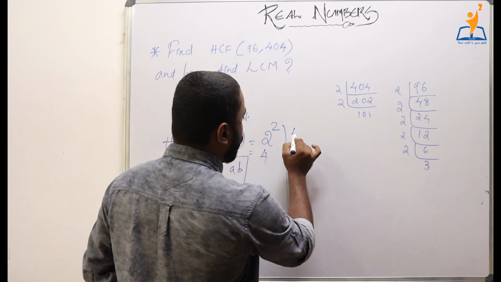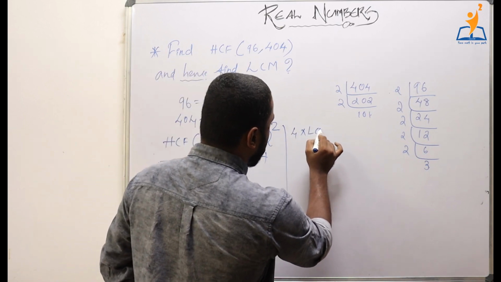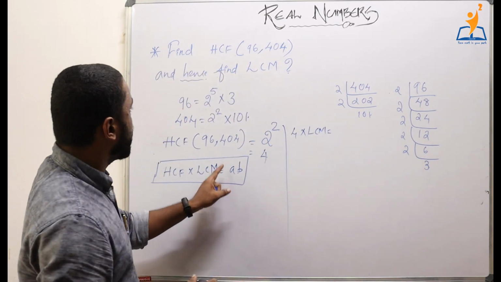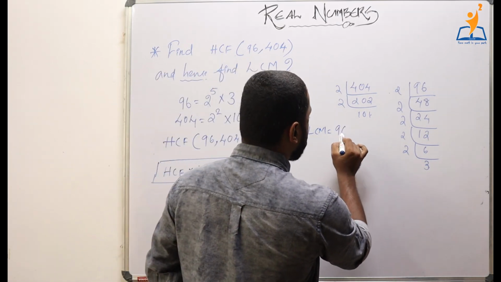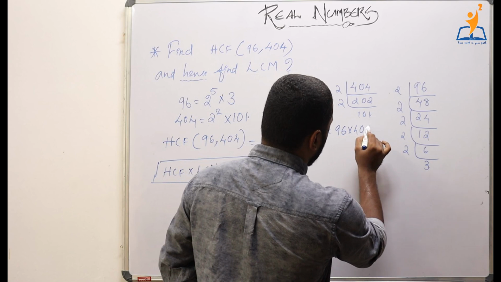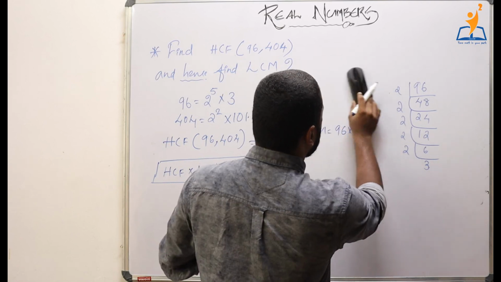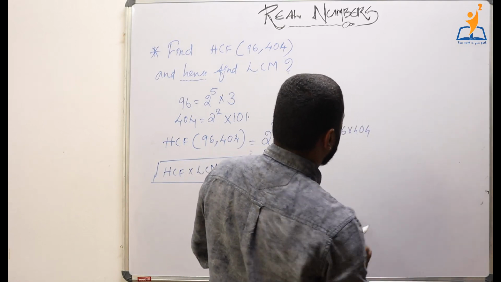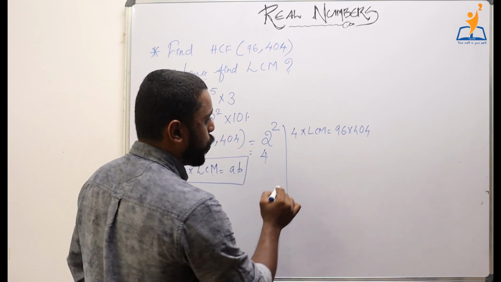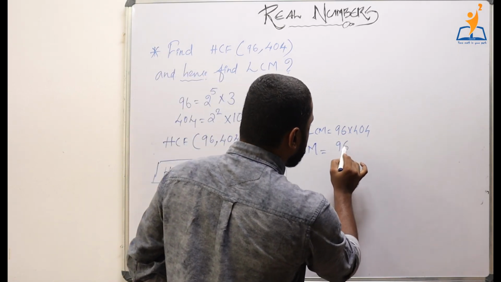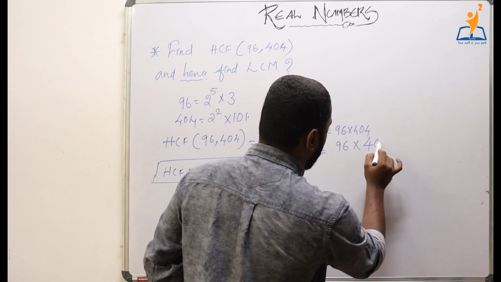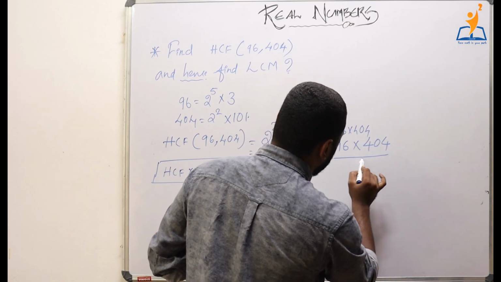So we have 4 into LCM is equal to AB. A is equal to 96, B is equal to 404. So 96 into 404. Hence, LCM is equal to 96 into 404 divided by 4.